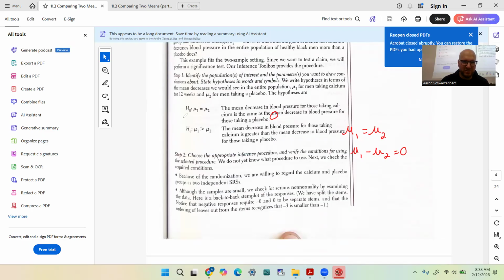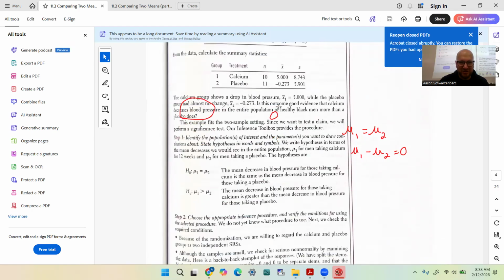Mu always comes from your H naught and your HA. The numbers they gave us are the X bars. That makes sense? Like the means that they give here are the means for the samples.